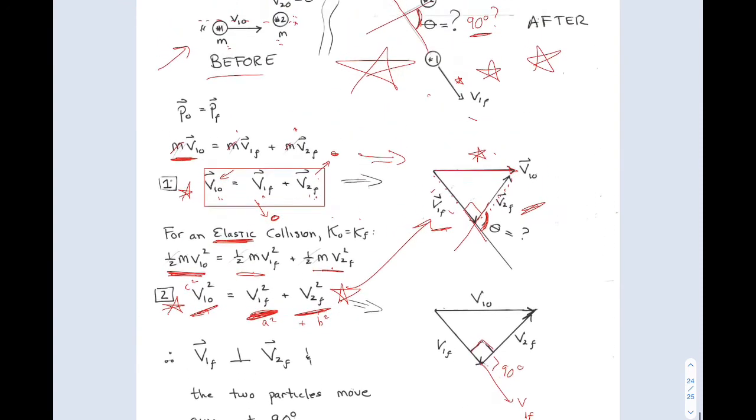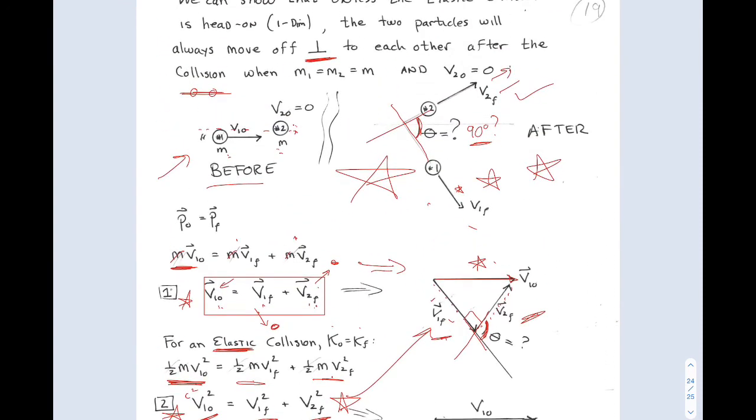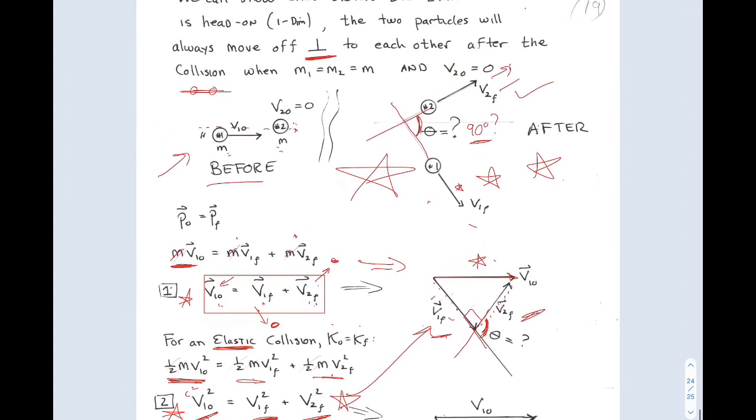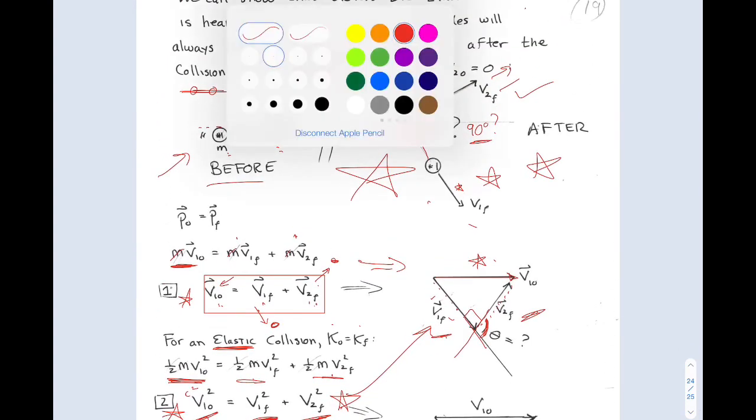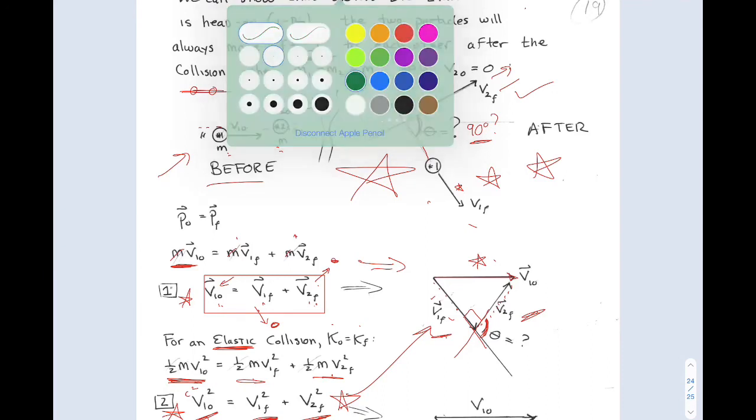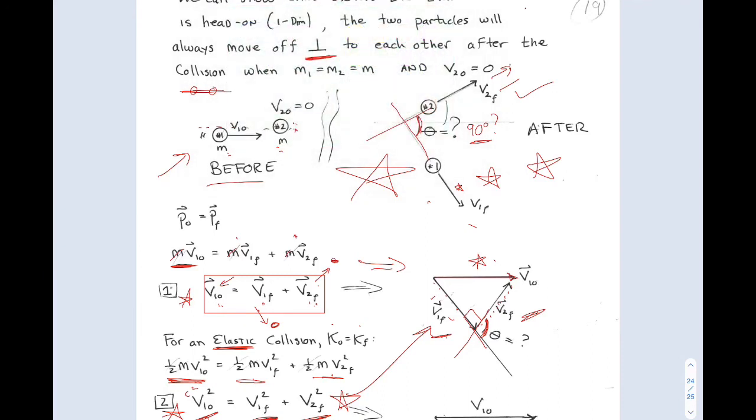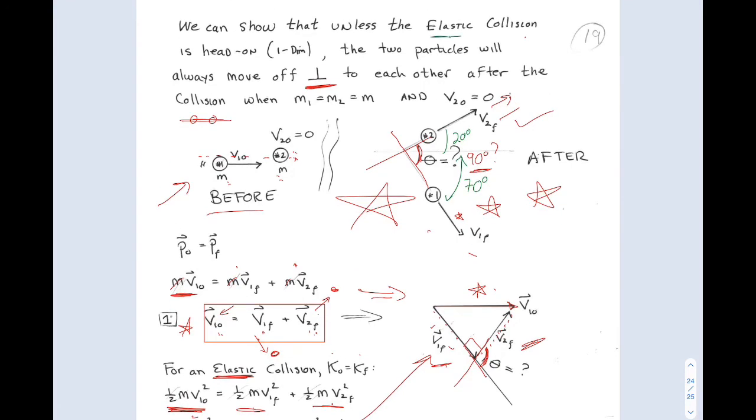So for example, in a homework problem, if they give you a collision and tell you that that angle is 20 degrees, then you automatically know that that angle has to be 70 degrees if it's an elastic collision when the masses are equal and they're off axis.